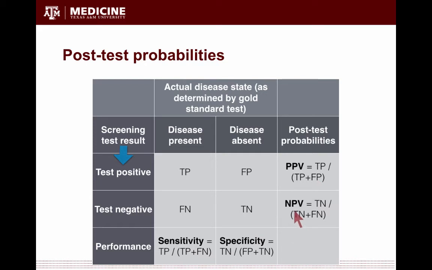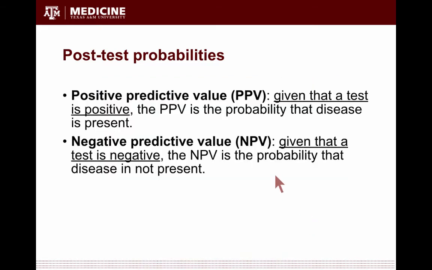Likewise, the NPV, or negative predictive value, is the number of true negatives divided by the total number of patients who test negative, the number of true negatives plus false negatives. Positive predictive value: given that a test is positive, the positive predictive value is the probability that disease is present.